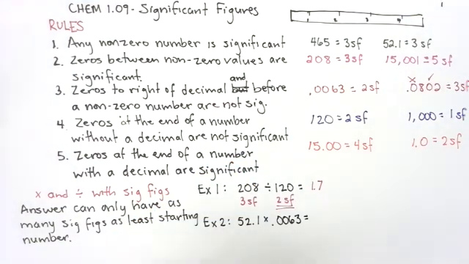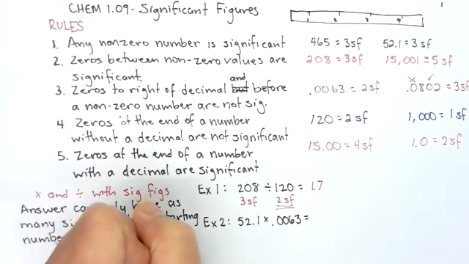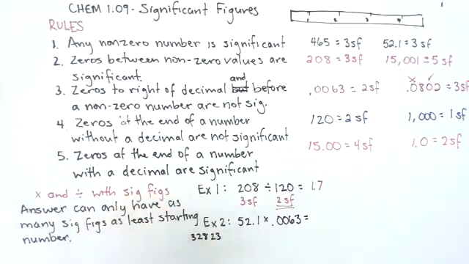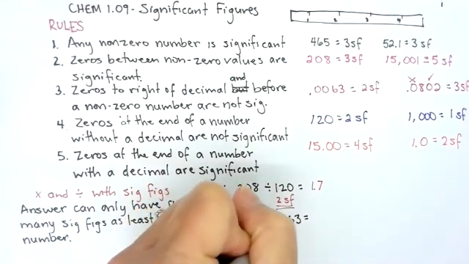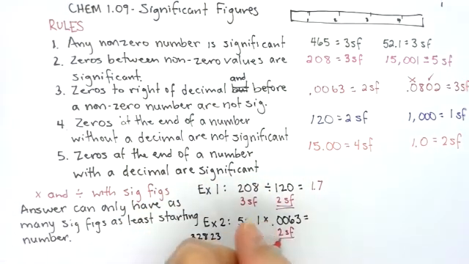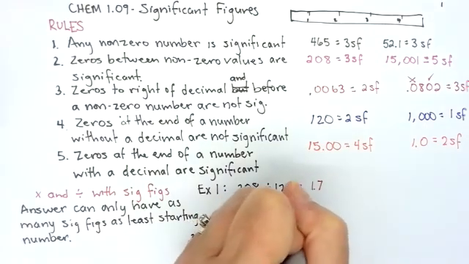And when I punch that into my calculator, I get 0.32823. Well, what am I allowed to report? We said this has 3 sig figs and this has 2 sig figs. So that means that I can only have 2. I'm going to put 0.3 and then I have a 2, but since this is an 8, I'm going to round this up to 0.33.